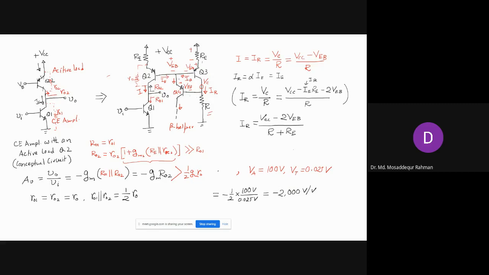That is the total voltage drop, divided by the total resistance. So that will be your current IR. Is that clear? Yes, sir.